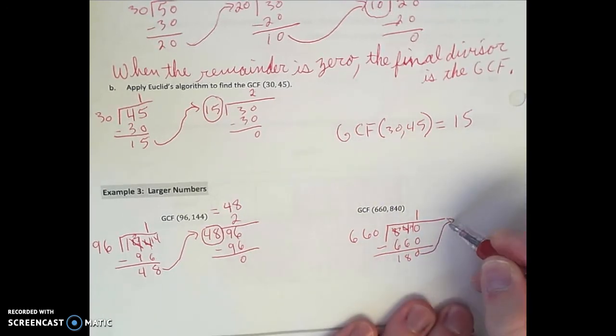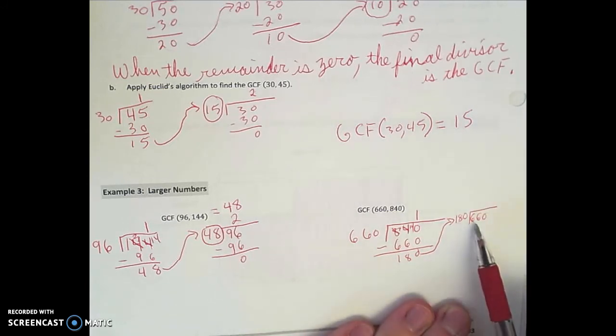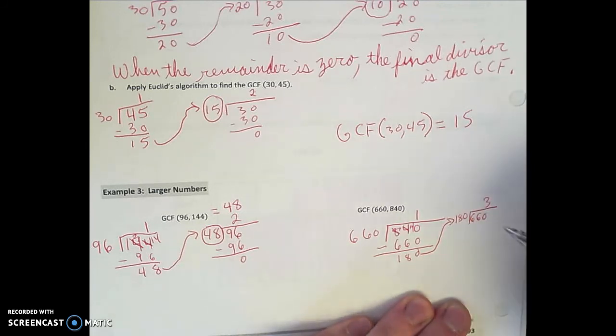So now we bring over 180 and divide that into 660. Now this is going to go in 3 times, because 180 is almost 200 and 660 is about 600, so we're going to do it 3 times. That's 540, and the remainder is 120.